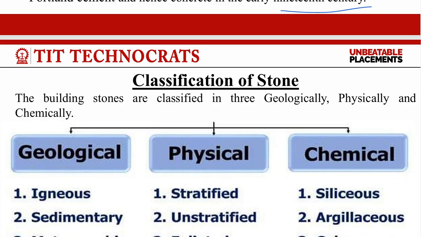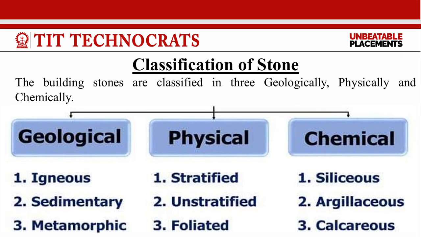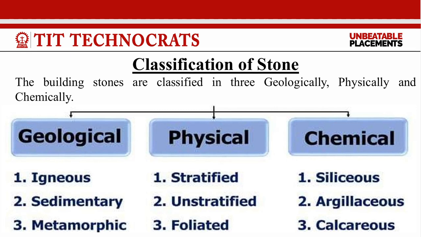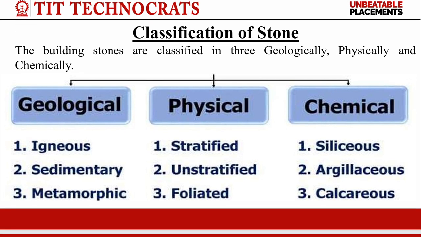Now come to the next topic, classification of stones. After the stone definition, we will discuss classification of stone. Stones are classified in three categories: first geological, second physical, and next chemical. The geological classification is also divided into three categories: igneous, sedimentary, and metamorphic.